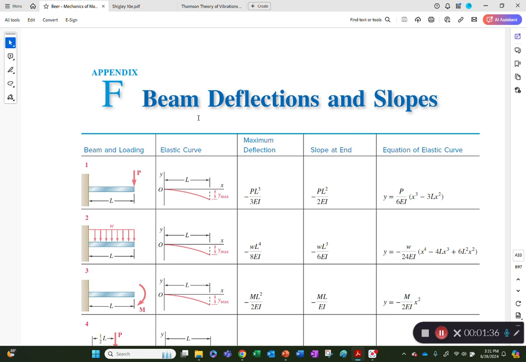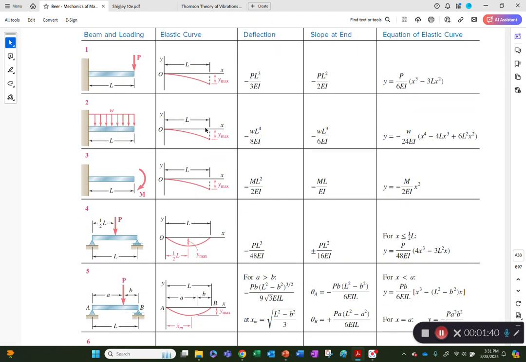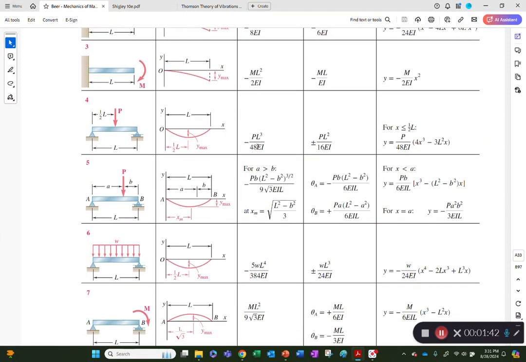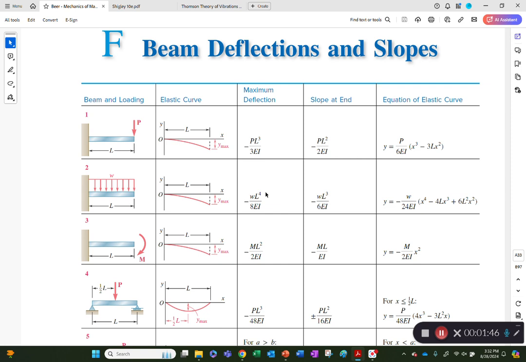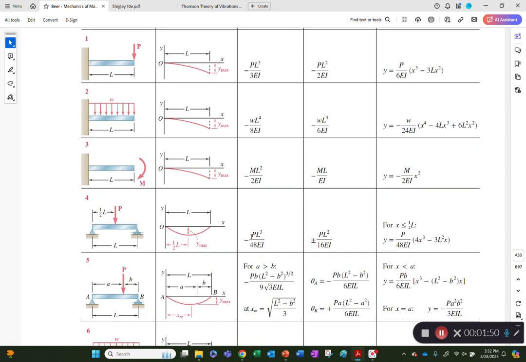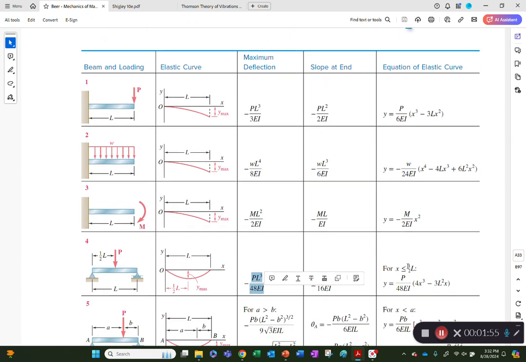All right, so you could use the deflections from just about any book, but here is the deflection. This is from Beer and Johnston. So here's the maximum deflection at the center, but here's also an expression for what the deflection looks like from 0 to the midspan.